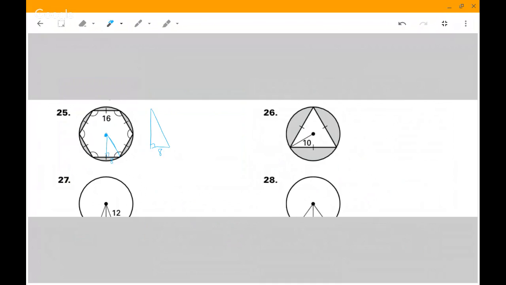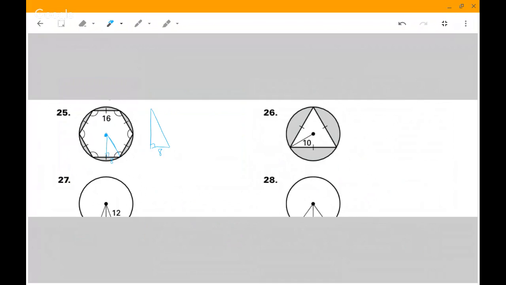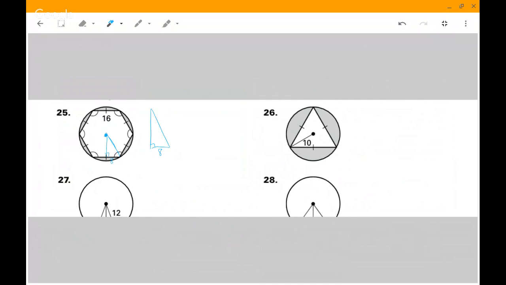And then what would you do next? Do you have to find the apothem? Yes. So we only have one number. What other number can we find? The central angle. Yeah. So we use hexagons a lot.